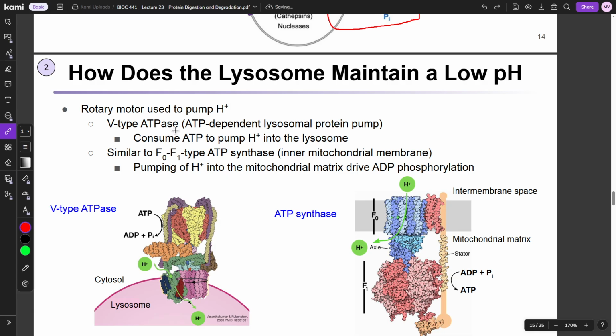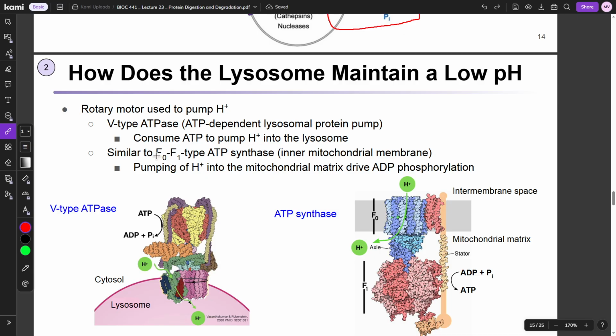Unlike synthase, which uses the gradient of H+ to make ATP, this consumes ATP to pump H+ into the lysosome. Because the lysosome already has a lot of H+, it's going against its gradient, so we need to use ATP.